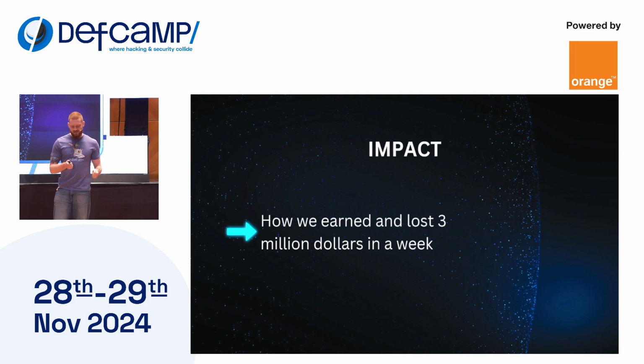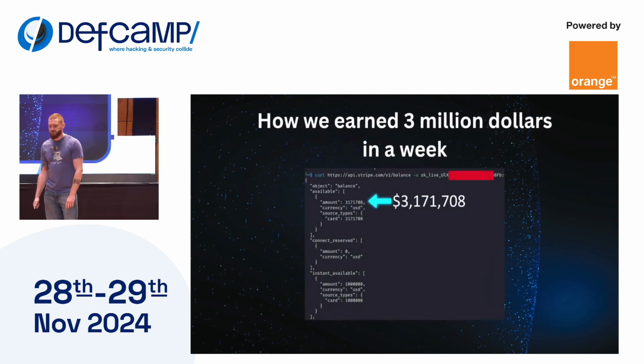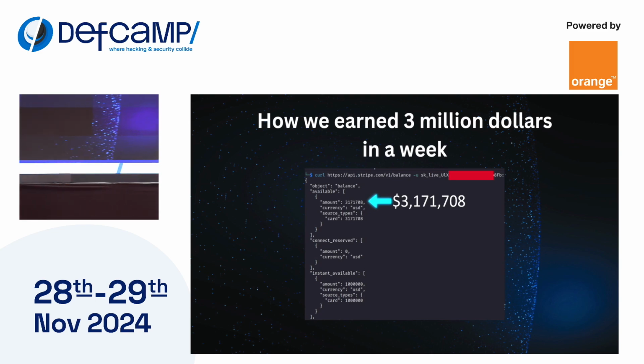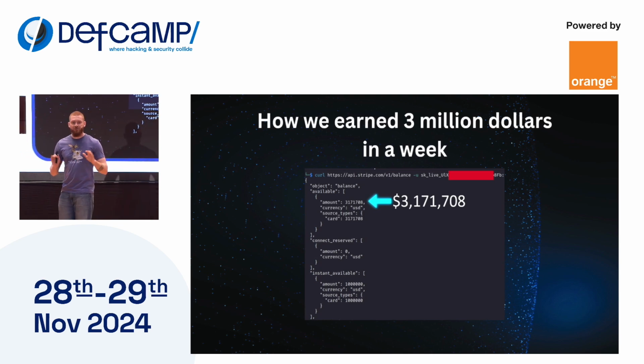So we used one of these keys, and we noticed this 7-digit amount in USD. That was pretty cool, right? So, of course, our first thought was, let's check the documentation, and let's see how a threat actor would go about transferring these funds out of this account and into their own. For research purposes only, of course.